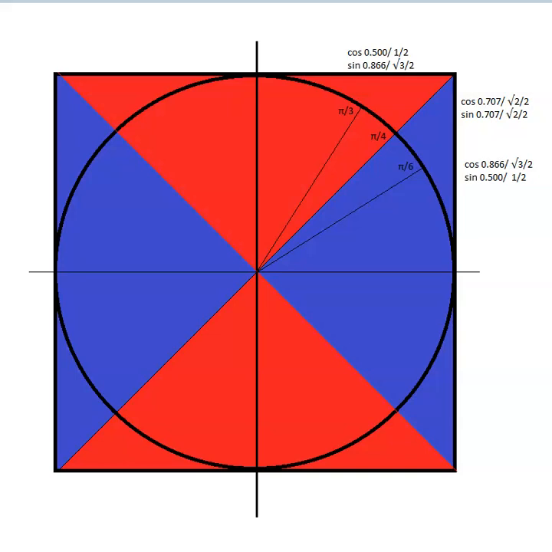Okay, so when we're about, I don't know, 20 degrees, so about here-ish, you draw a rectangle.